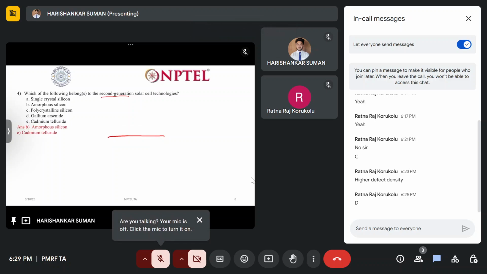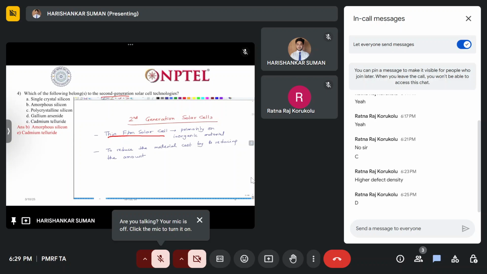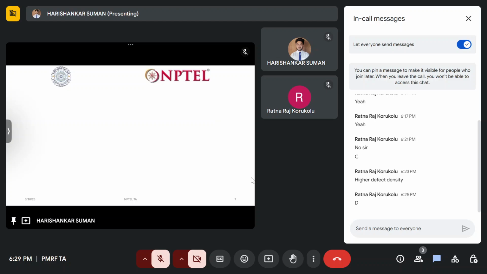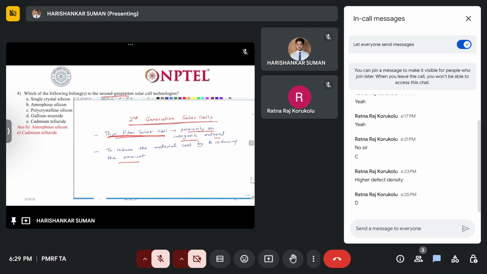So B and E is the answer, and you can see from the lecture, second generation solar cell, thin film solar cells, primarily on the northern metal to reduce metal cost and reducing the amount of silicon.